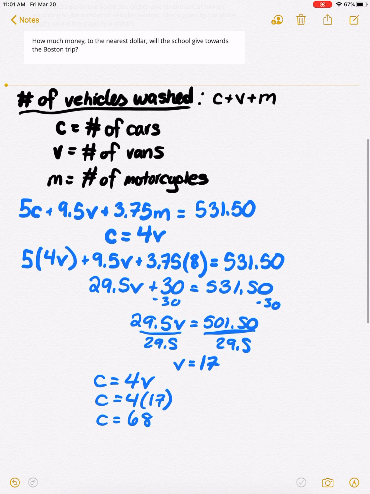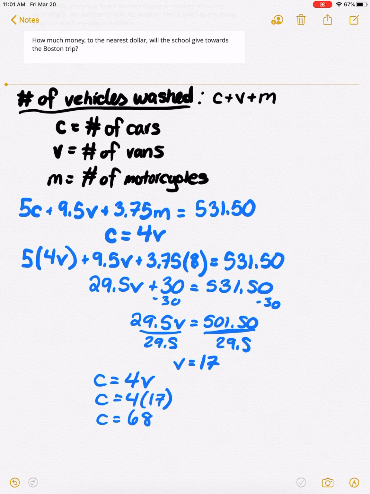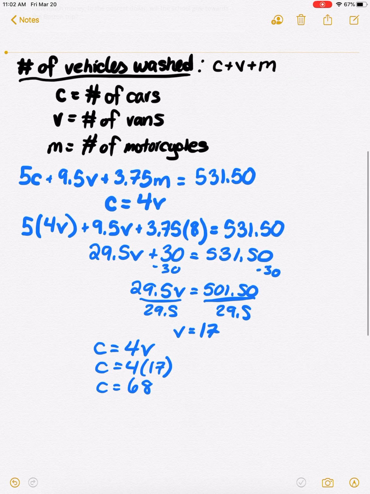Now I still want the total number of vehicles washed, so my cars, my vans, and my motorcycles. How many cars do I have? I've got 68 cars. How many vans do I have? I have 17. And how many motorcycles do I have? I have 8.